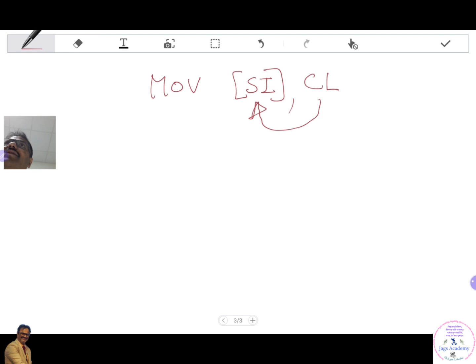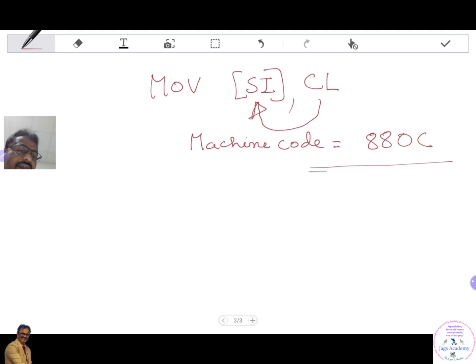Now, what is the machine code for this? The machine code for this is 880C.